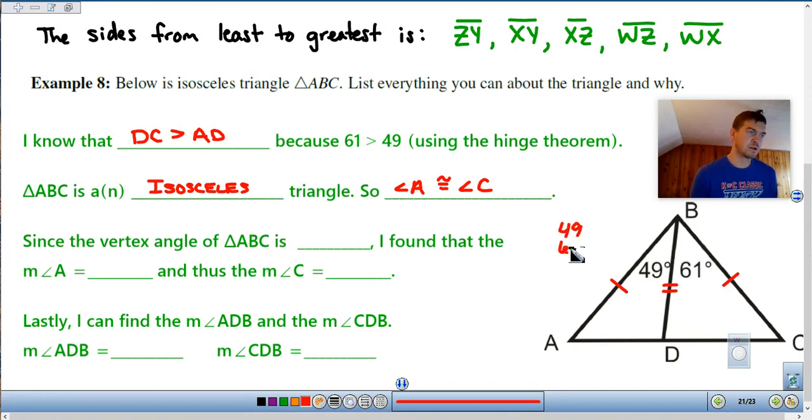My brain wasn't working there, but 110. Since that's 110, remember these are supposed to be the same. There's 70 degrees left over in this triangle. You divide that by 2, you'll get 35.